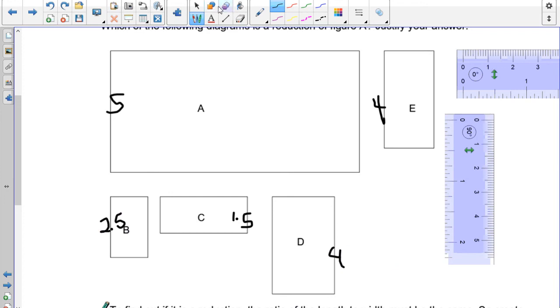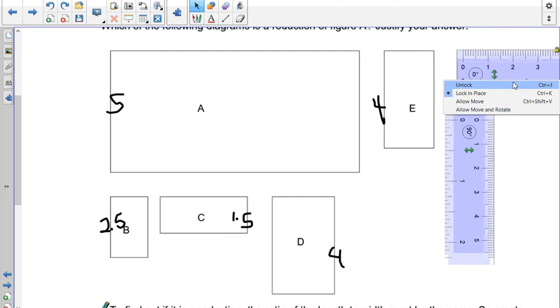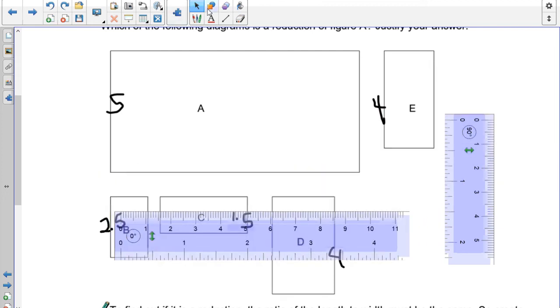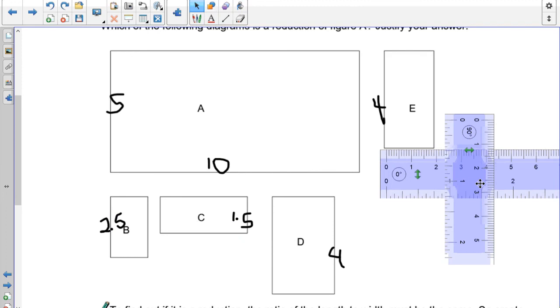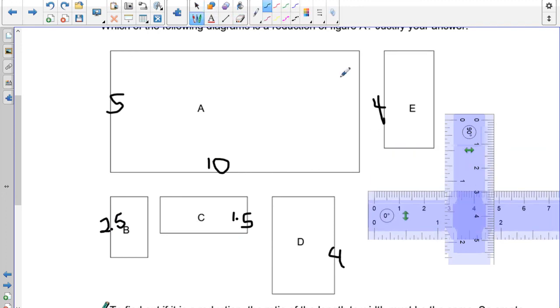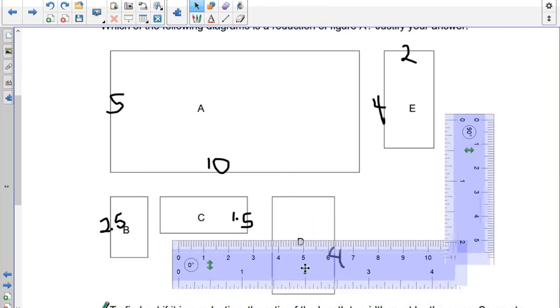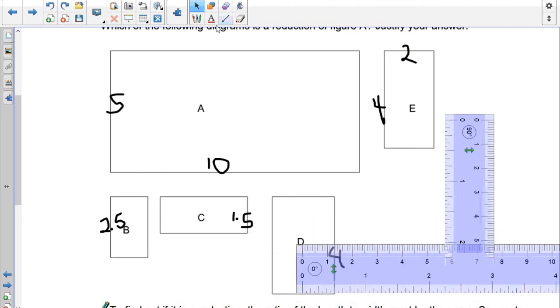Okay, so now let's do the widths. This one here, right here, that's 10. This over here, that's 2. Let's go over here. That one's 1.5, and that one's 3.5.